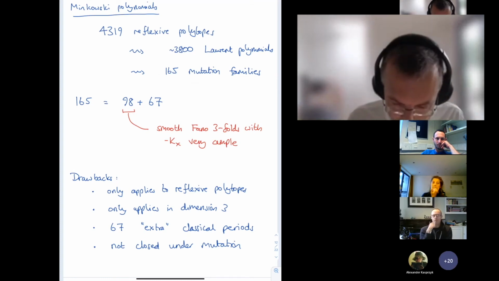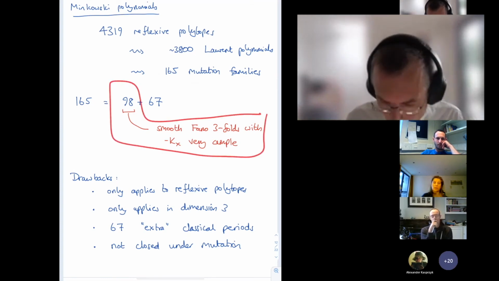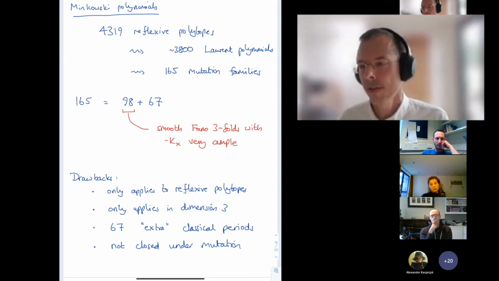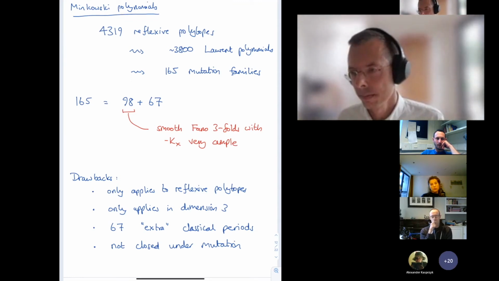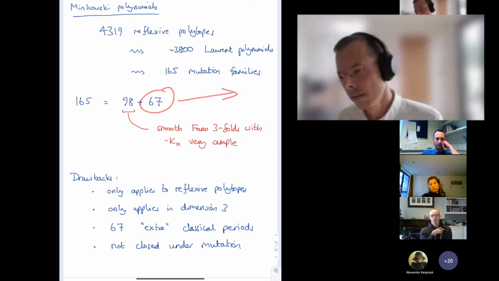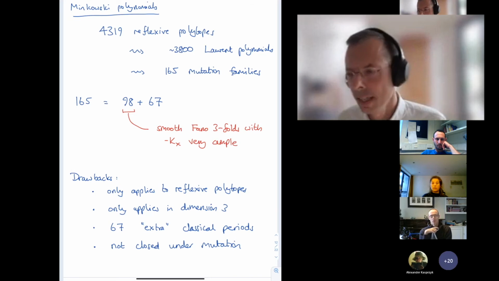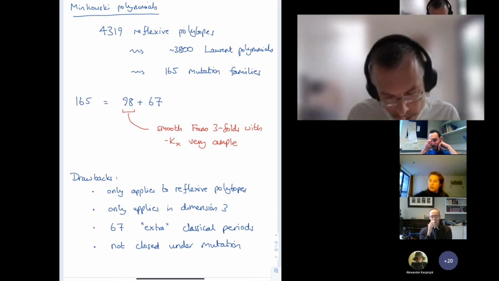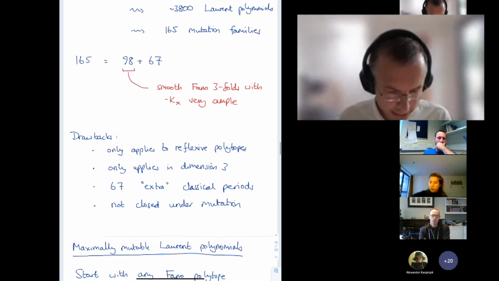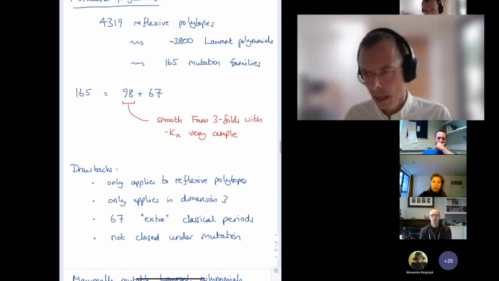Now, 98 of those are mirror partners to the smooth Fano threefolds with very ample anticanonical bundle. And 67 of those are not mirror to any smooth Fano threefold. So this is an improvement on the previous situation, but it's still not perfect.